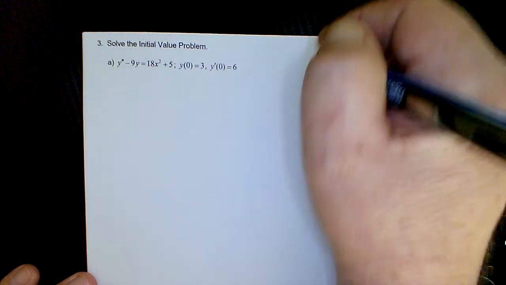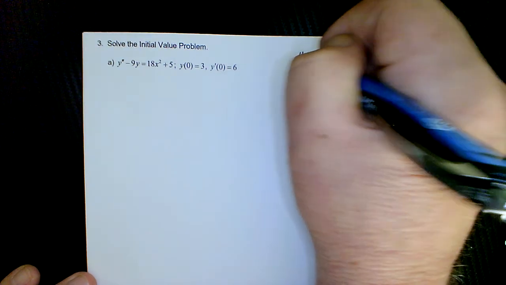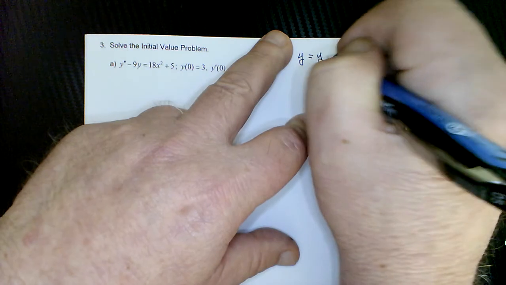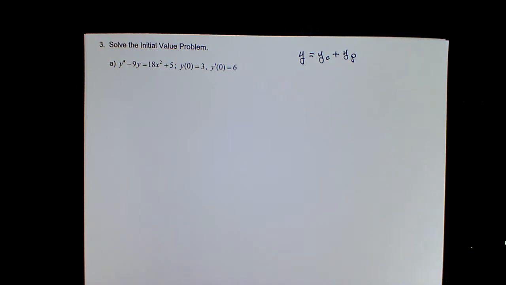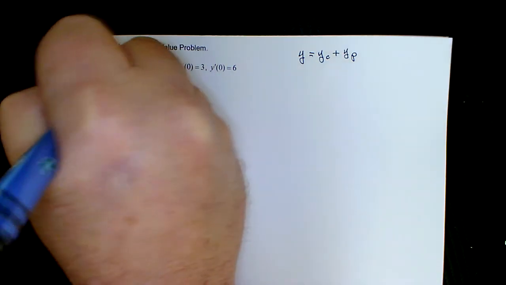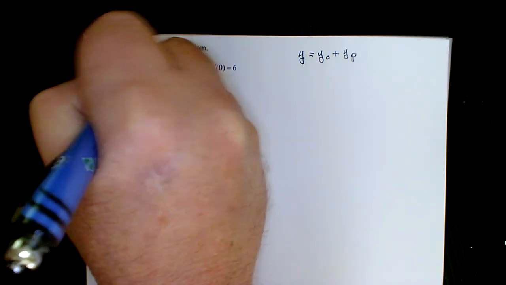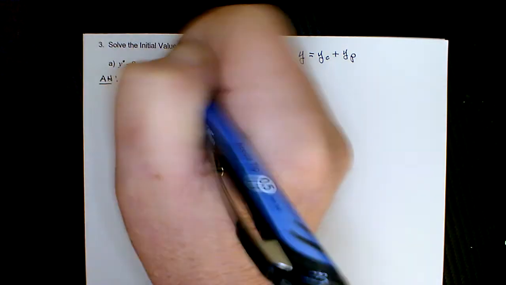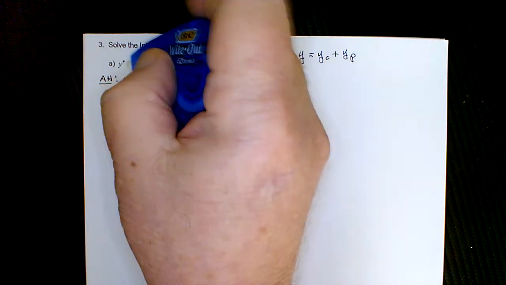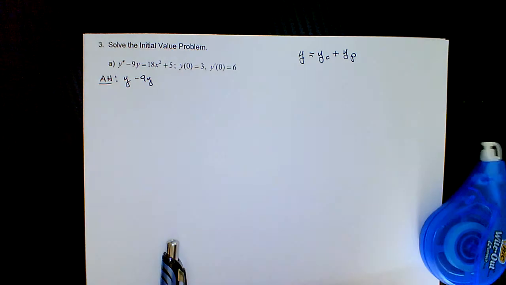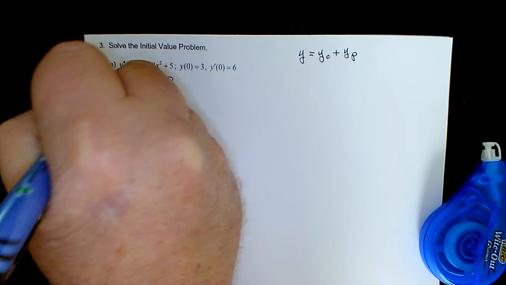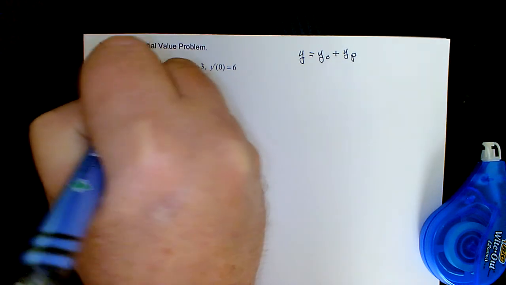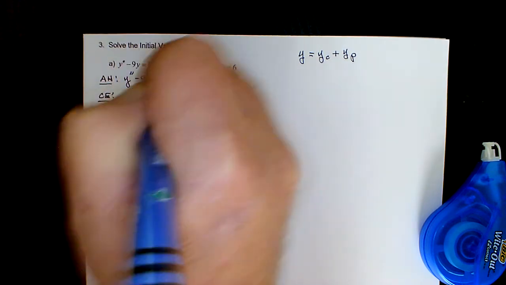Remember, when you have a non-homogeneous, the solution y is made up of two parts, the complementary and the particular. And so for the complementary, form the associated homogeneous, y double prime minus 9y is 0. The characteristic equation: r squared minus 9 is 0.